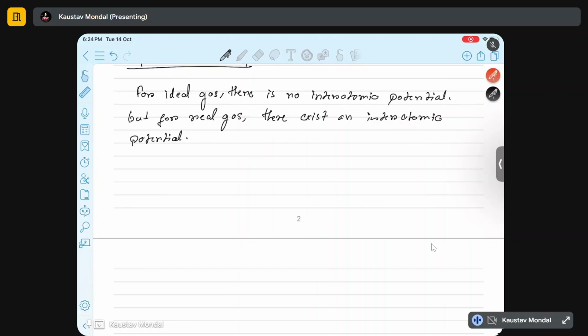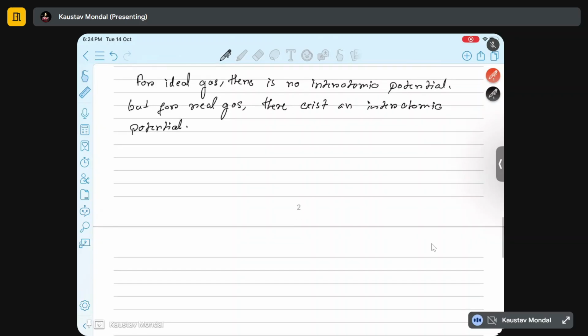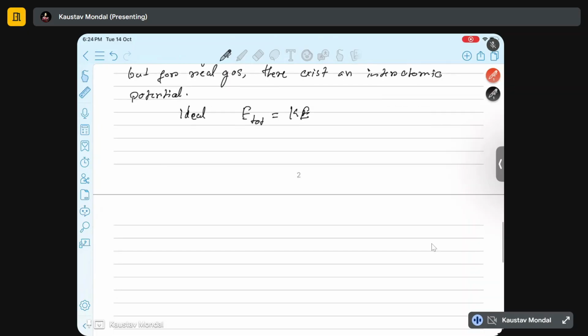That means for the ideal gas case, the total energy has a contribution only from the kinetic energy. But for the real gas, the total energy depends on the kinetic energy as well as the potential energy that comes due to the repulsion or attraction between the gas molecules, as there are interatomic potentials involved.